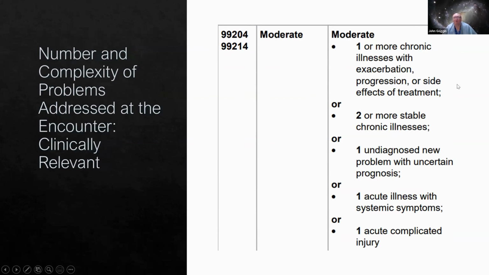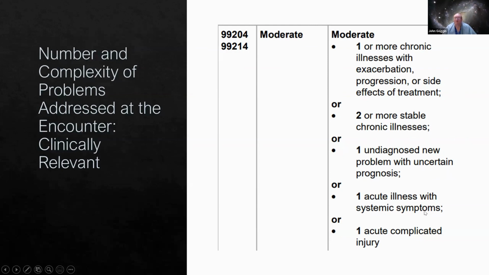That might be an example, or worsening peripheral arterial disease. 2 or more chronic stable illnesses might be a patient you're seeing for at-risk diabetic foot care that has severe PAD and diabetic neuropathy. An undiagnosed new problem with an uncertain prognosis. A diabetic foot ulcer would be a good example here. An unstable ankle fracture, maybe in a higher risk patient.